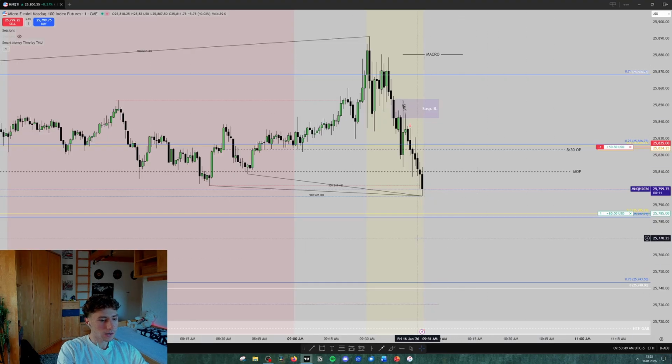NQ is way ahead of ES, and we like that. I like that we can still trade lower, and also relatively clean price regions right here.